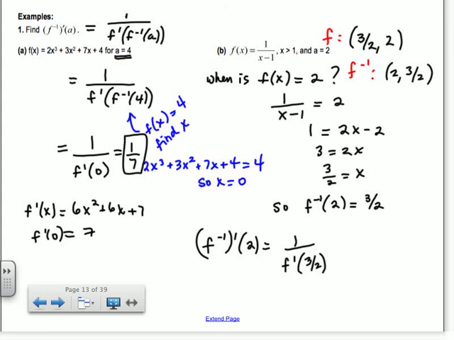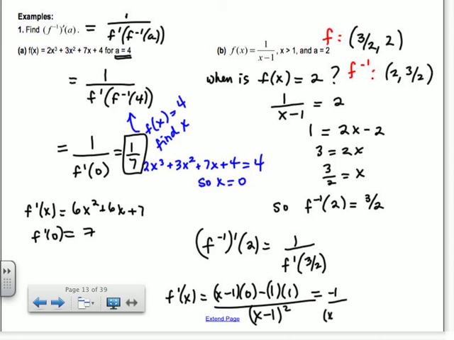So we need to find f prime of x. So f prime of x is low d high minus high d low, all over the square of what's below. You could have also done the chain rule. Do you guys see it? You could have thought of that as x minus 1 to the negative 1 power, and then use the chain rule.